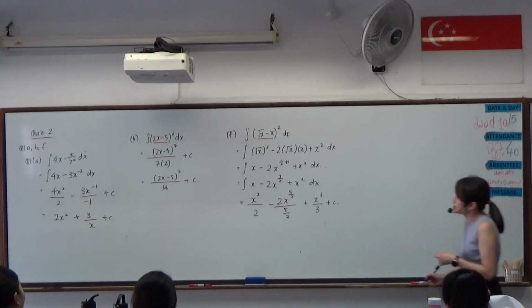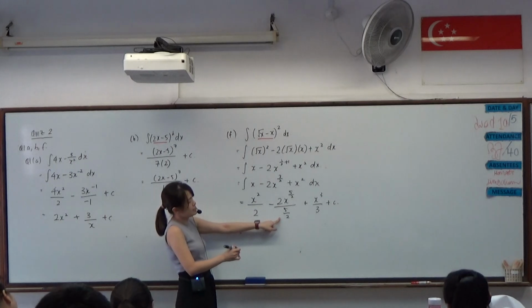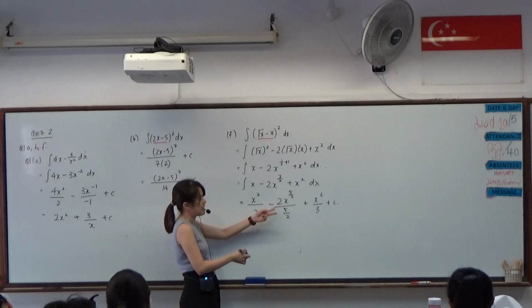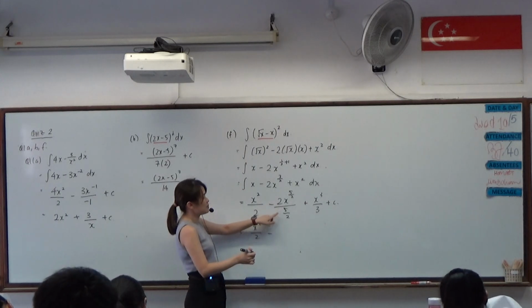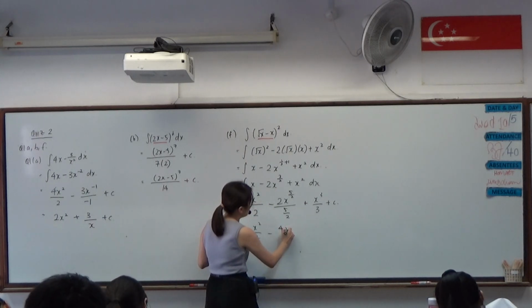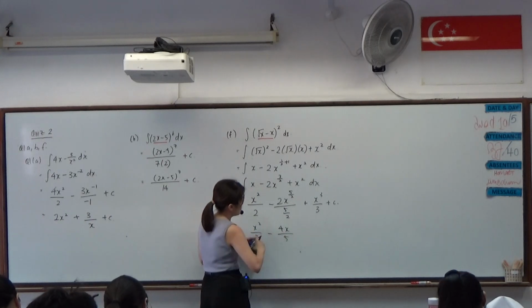Then now we can simplify it. We are dividing by 5 over 2, which means the same thing as multiplying by 2 over 5, so we can flip the fraction. So 2 times 2 over 5 will give us 4 over 5 and x to the power 5 over 2.